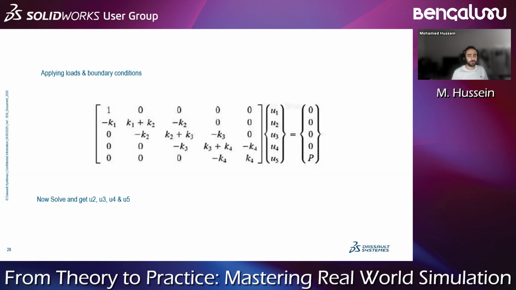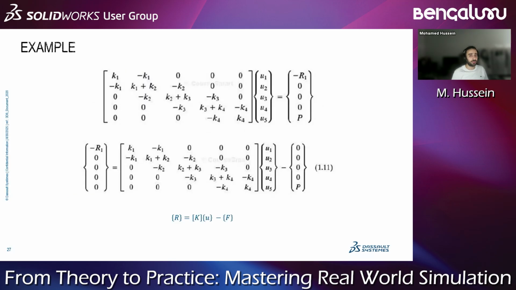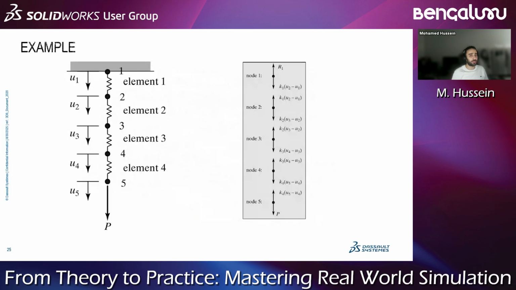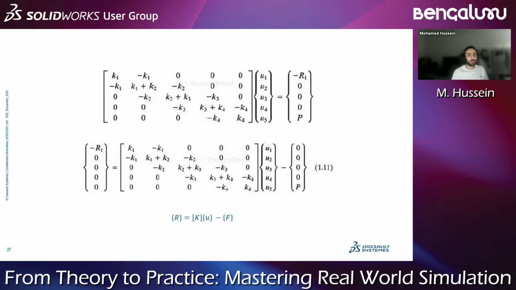When I'm applying my loads and boundary condition, it means that I am going to replace this P with its original value, which I think was 1,000. I will replace U1, which is the very highest point, this one, with 0, because I'm assuming that this is a fixed point. And then I will apply the final values.